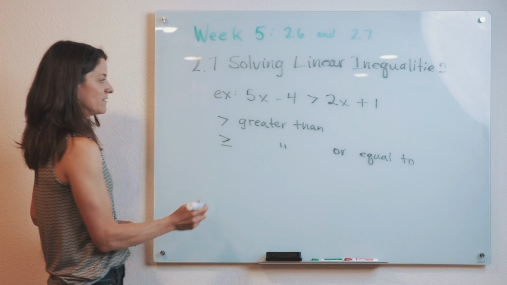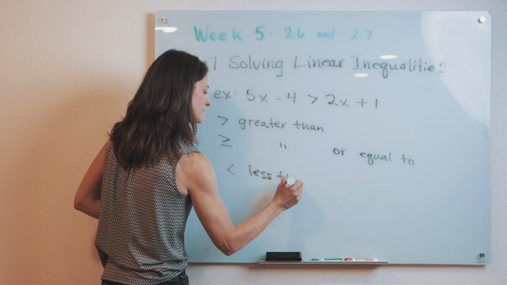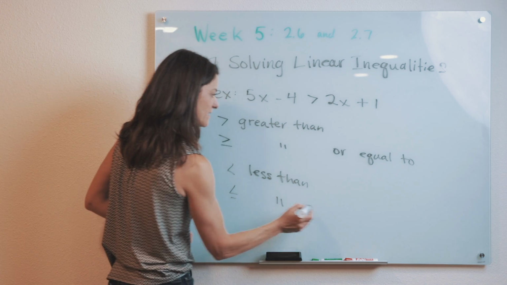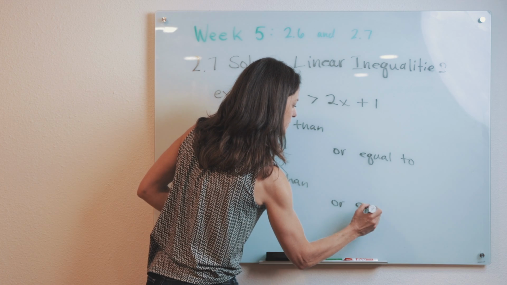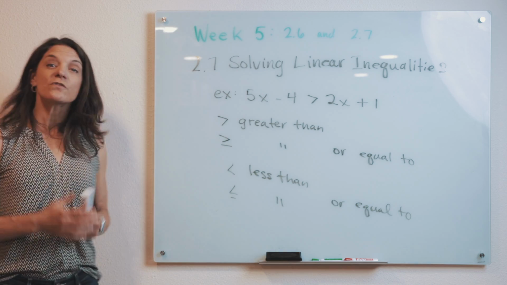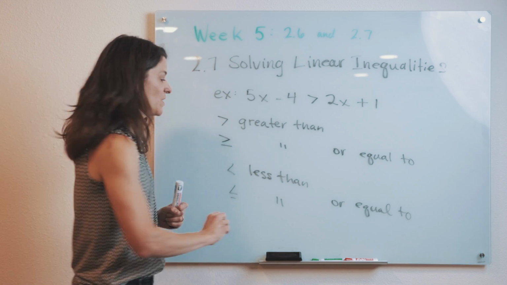Flipping the greater than sign around, we get less than. And adding half an equal sign, we get less than or equal to. So those are the 4 inequality symbols that we're going to solve using in this section.